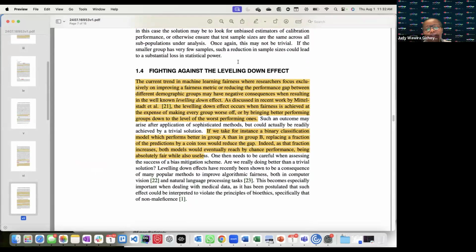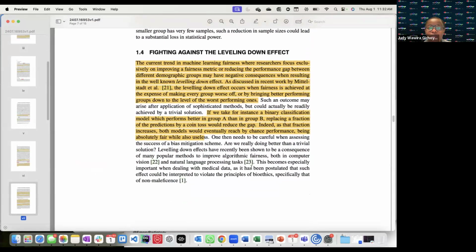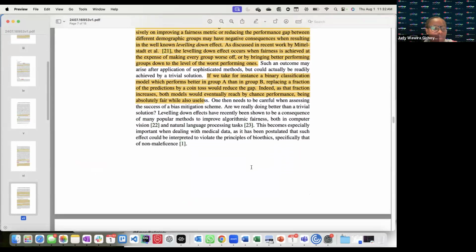This leveling down effect occurs when fairness is achieved at the expense of making every group worse off, or bringing down better performing groups to the lower performing one. For example, the male model is performing better, but to make everyone fair, we're going to make males come down and raise females, right? Which is also a little bit of the health equity picture that most people use.